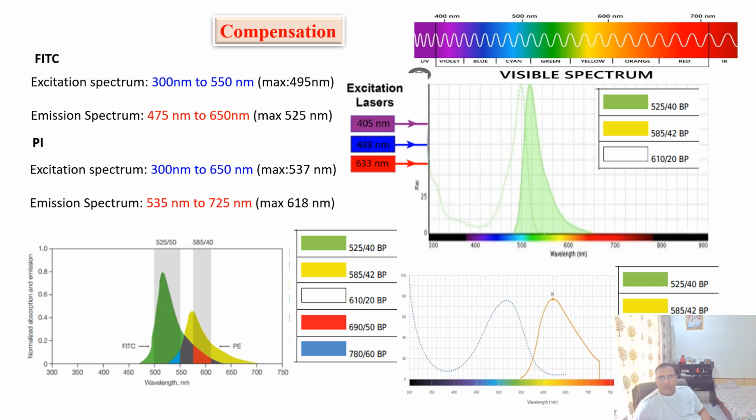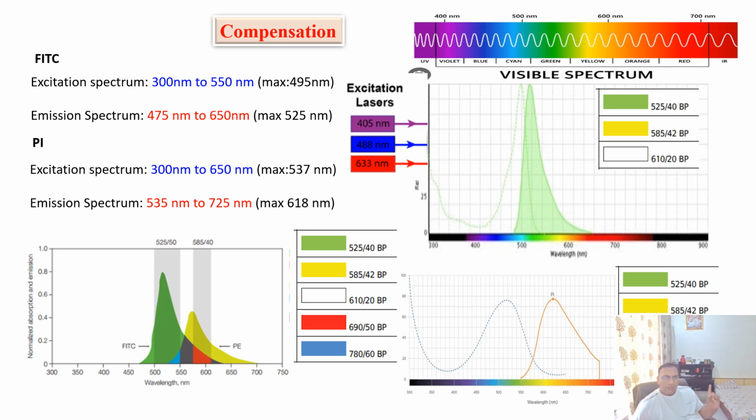Similarly for PI, its emission spectrum is 535 to 725, and the maximum is at around 600 to 680.